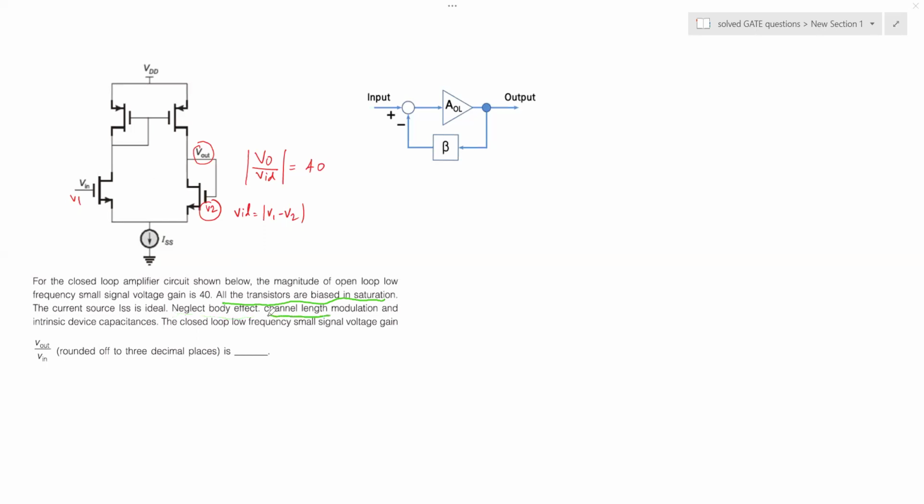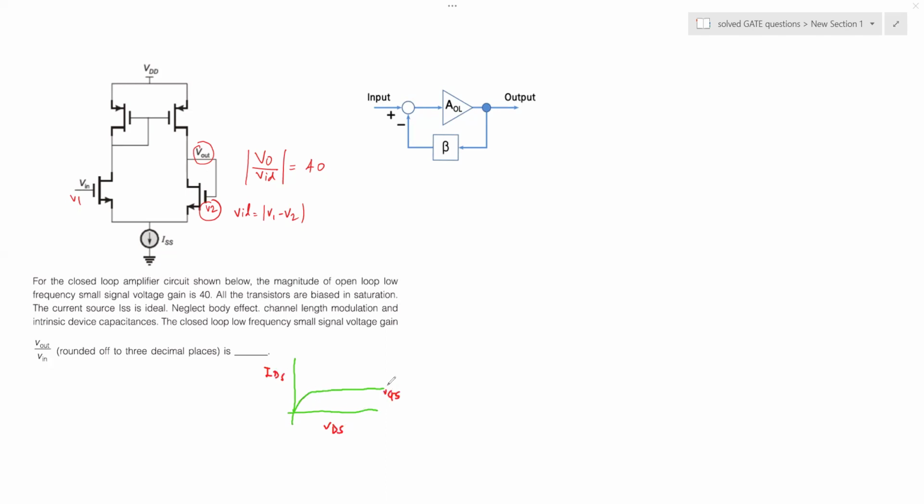Now there is also channel length modulation that we are asked to forget. Okay, so channel length modulation, which is lambda, is also not considered. We have seen channel length modulation in our previous module. So essentially you have this output characteristics of a transistor, and you ideally have such a curve where this is your IDS and this is your VDS for a given value of VGS.